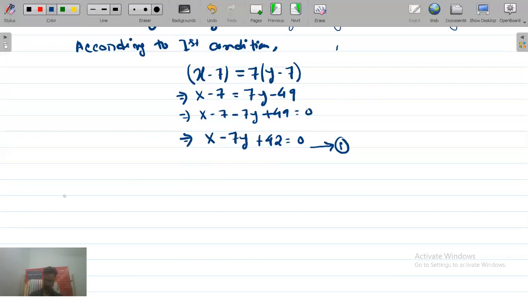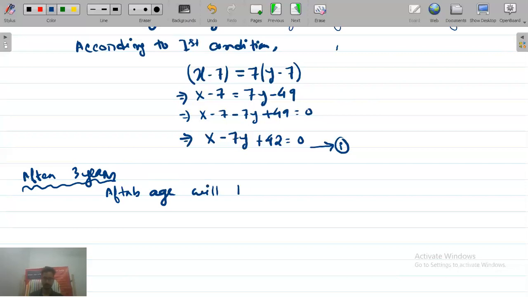Now see, again write down. That means after 3 years, the father's age will be x plus 3 years.